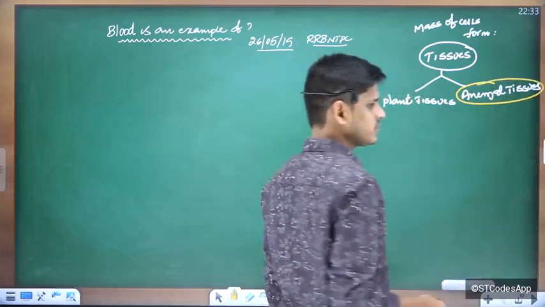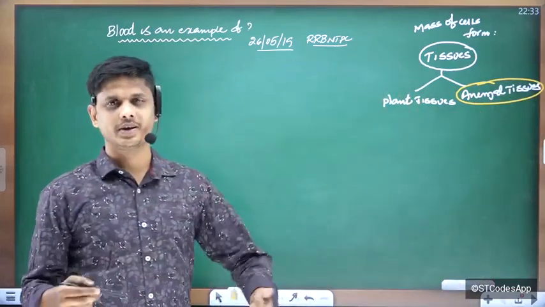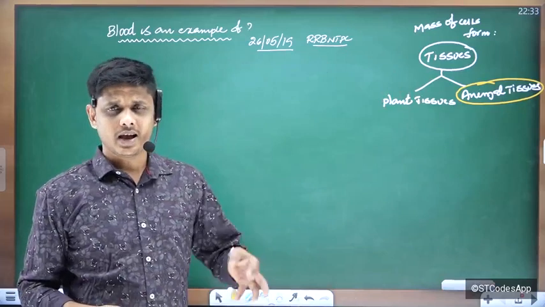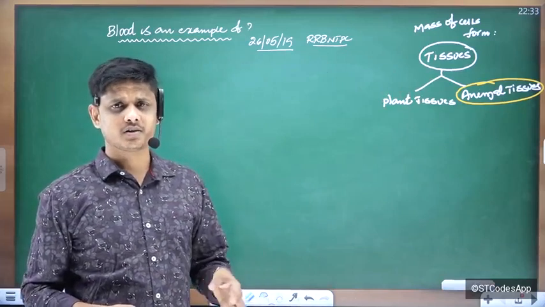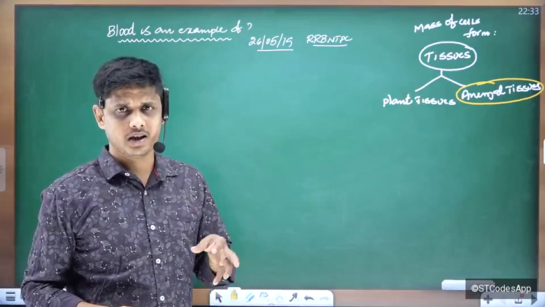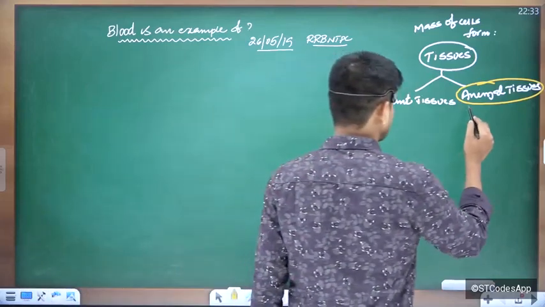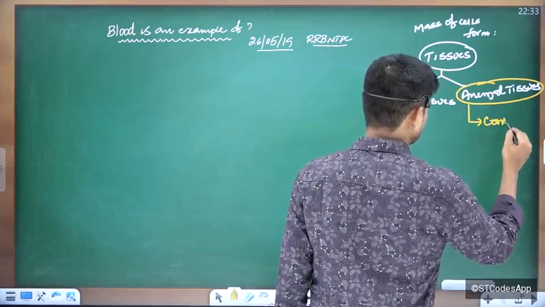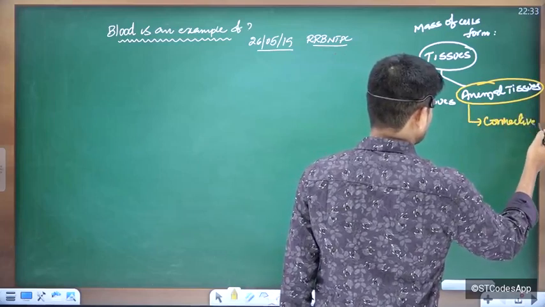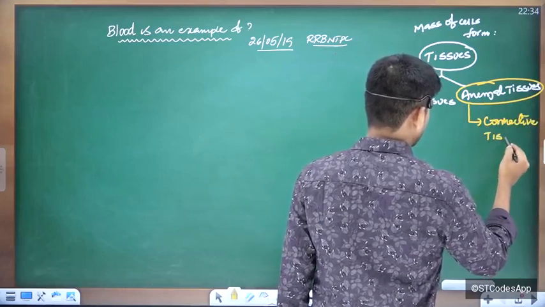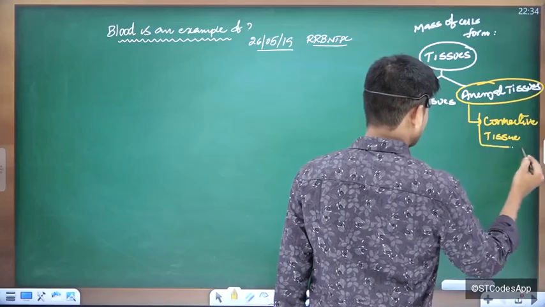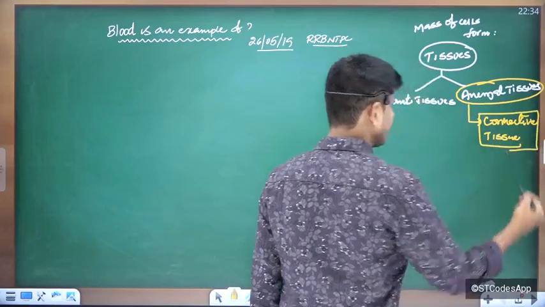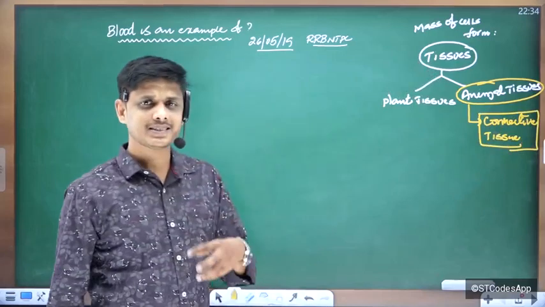Animal tissues can be classified into so many types. Among the animal tissues, one of the tissues is connective tissue. What does connective mean? Connective means connection.